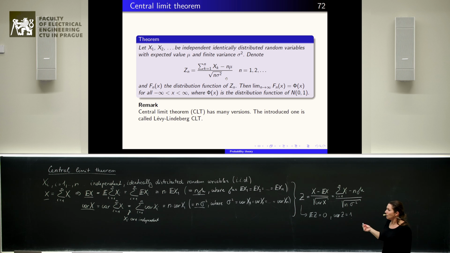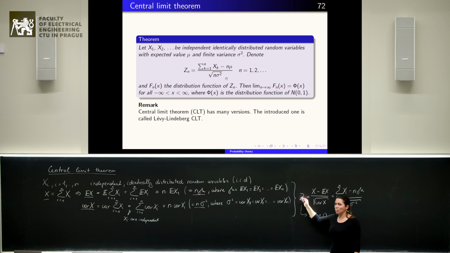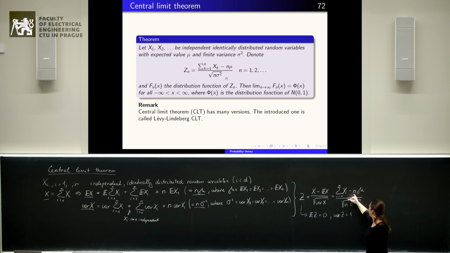What is then the central limit theorem about? The central limit theorem is about such a random variable z where this n is large enough, because when this n is large enough, then not only the expected value of z is equal to 0 and the variance of z is equal to 1, but then z is very close to a random variable with standard normal distribution.